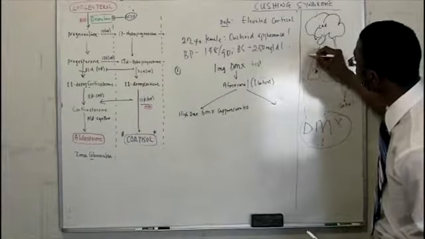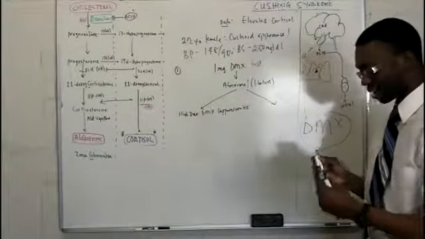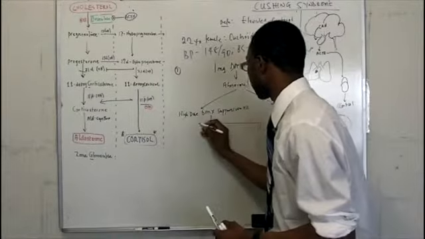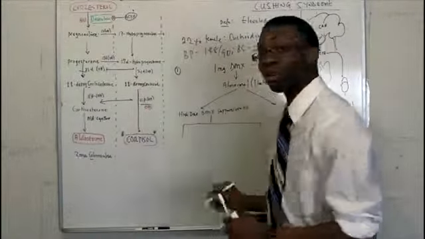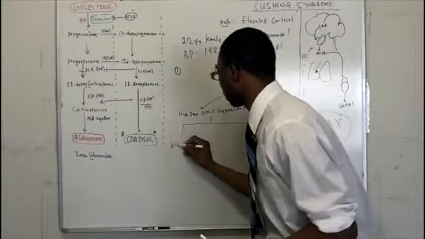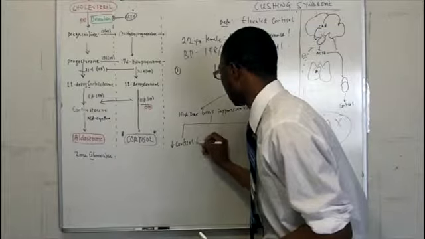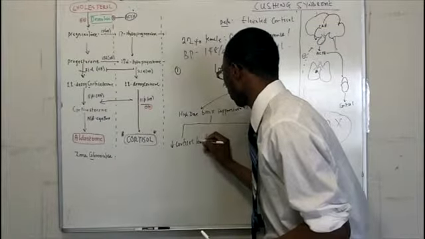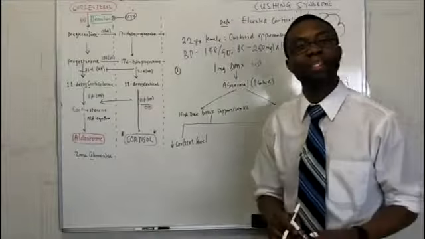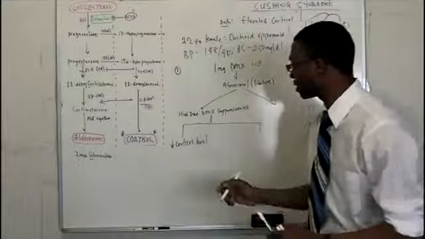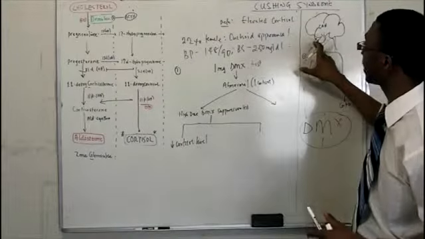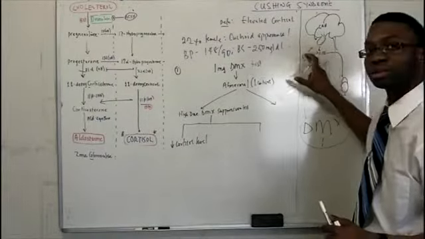If it suppresses, if your cortisol level all of a sudden drops, low cortisol level, why would that happen? The only way your cortisol level can drop is if you have a pituitary adenoma. That means high dose is strong enough, and it's always strong enough to inhibit ACTH production.